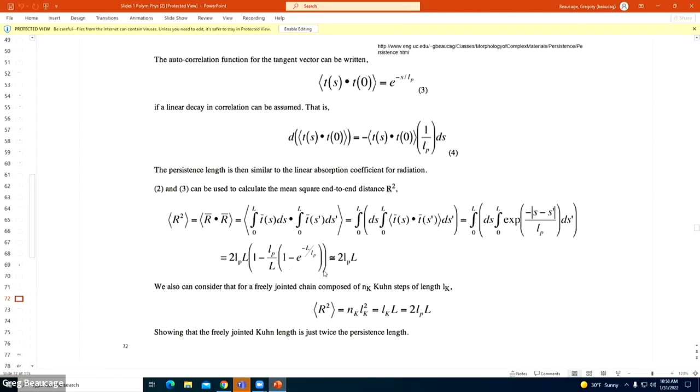You just have 2LPL as L approaches infinity, and then the L's cancel here, and you have LK equals 2LP. For a Gaussian chain that's infinitely long. So if it's not a Gaussian chain, not infinitely long, that's not necessarily true. Might be kind of true. Generally, this is just accepted, that LK is 2LP.